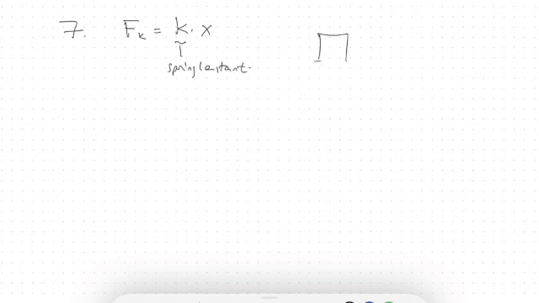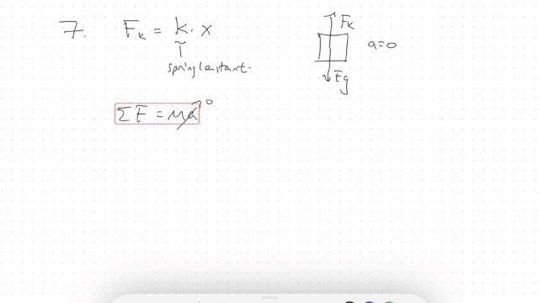Let's draw the free body diagram. Down is a force of gravity, and upwards there's a force, spring force. And it's saying it's in equilibrium, which means that there's no acceleration. So sigma F equals ma, that's 0.